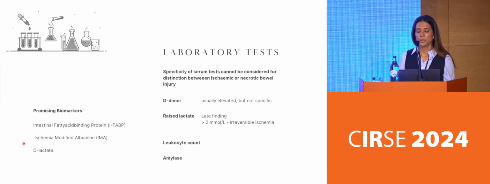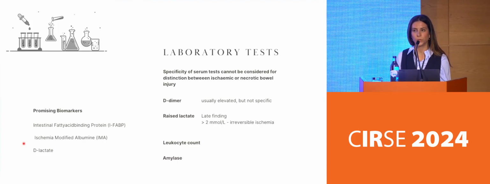There are also no specific laboratory tests available for acute mesenteric ischemia. We use some biomarkers in the emergency setting. Some of them can help us to figure out that there is acidosis, for example, but they are non-specific and should not be used for diagnosis. For example, raised lactate can appear in a late phase of the ischemia.